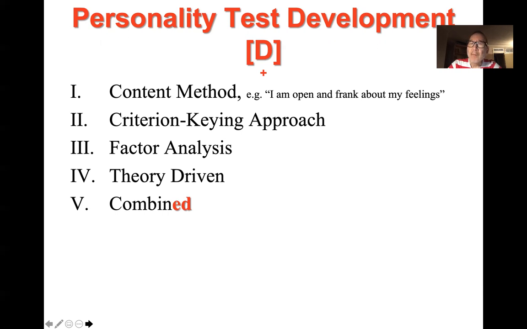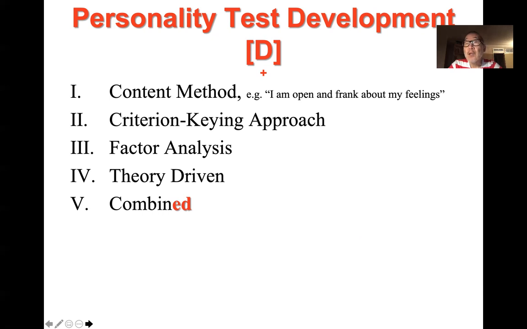For thoughts, an item might be, "I think there's no hope for me to do things differently," true or false. And a biological or physical symptom item would be, "I have a hard time waking up in the morning," true or false.